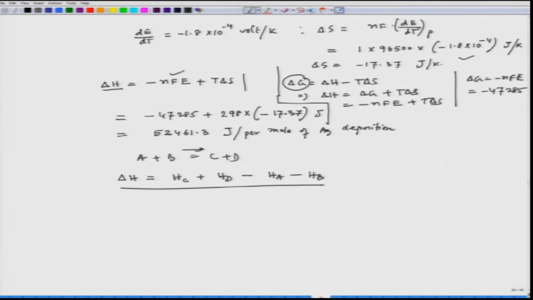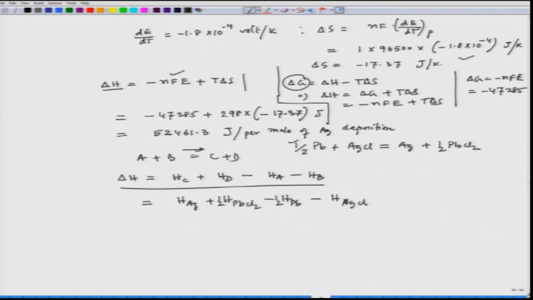Now, if we have this particular relation, then for this we can write H of Ag plus half of H of PbCl2 minus H of Pb, of course half, because this half sign is there, minus H of AgCl.